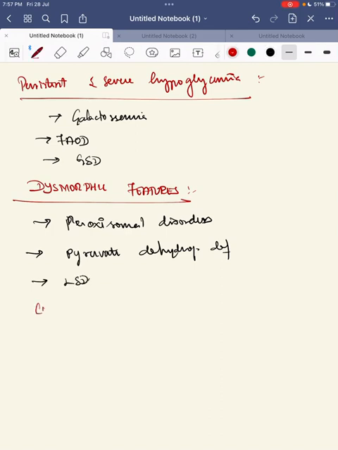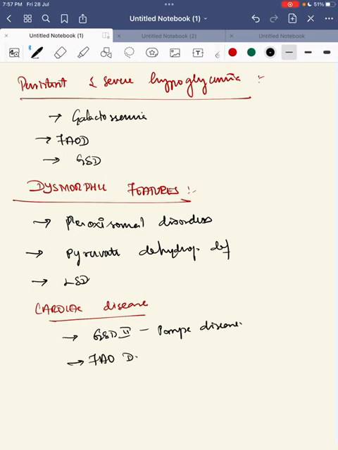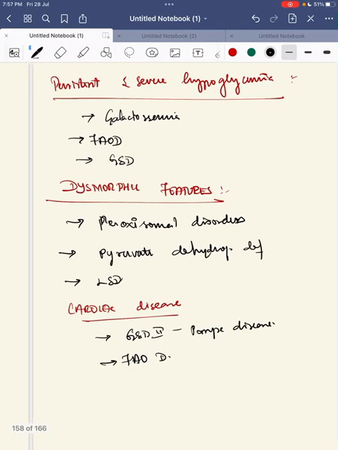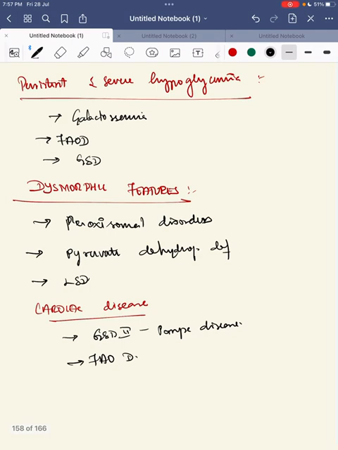Or the child can present with cardiac disease like cardiomyopathy with decompensation. These include glycogen storage disorder type 2, that is Pompe's disease, and fatty acid oxidation defect. So these are some of the presentations of children with IEM.